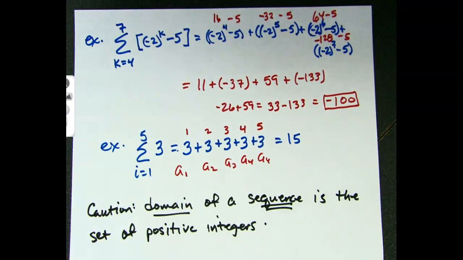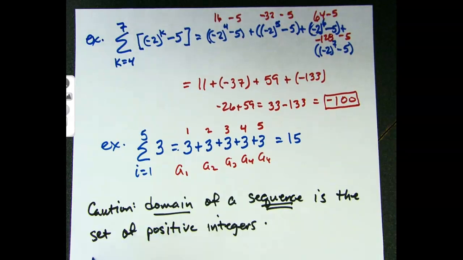Remember, 0 is not positive. So if you have a sequence, its domain is the set of positive integers, 1, 2, 3, 4, 5, etc. But that's not the case for a summation. So be cautious here.